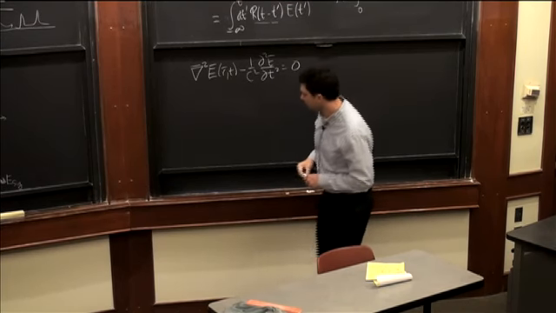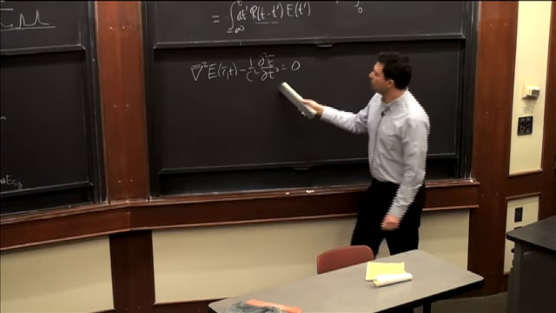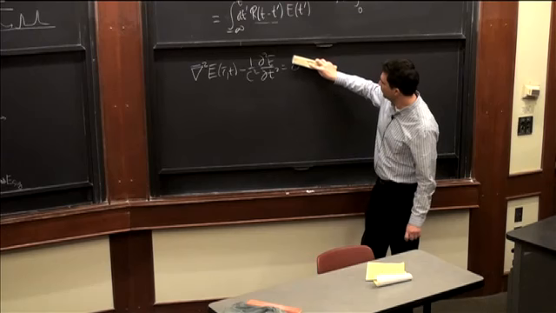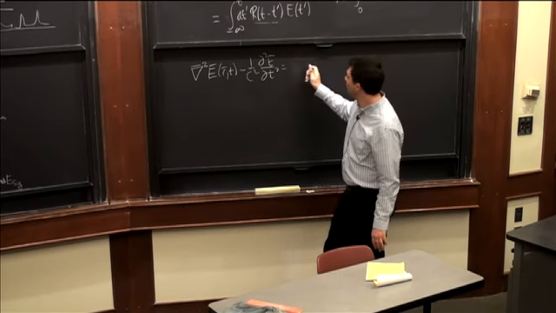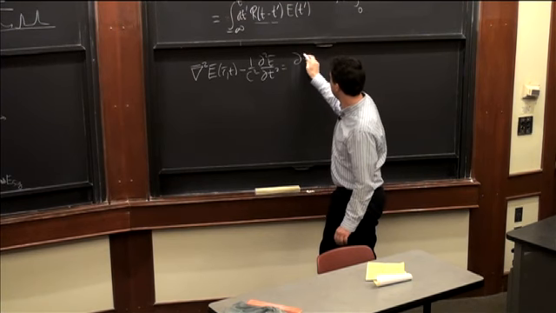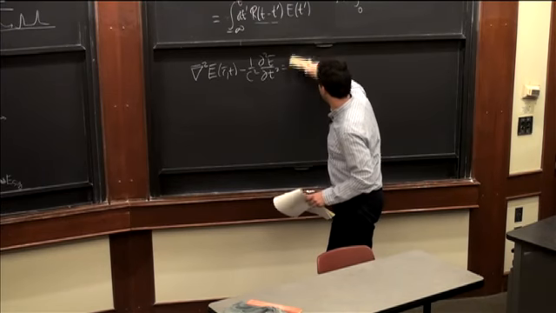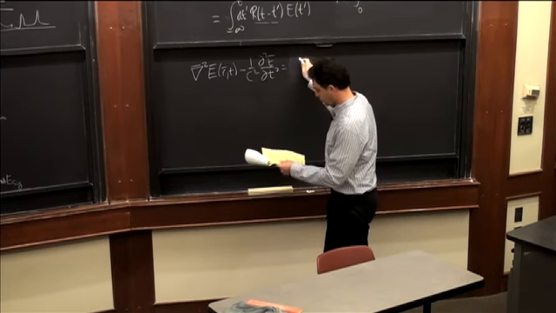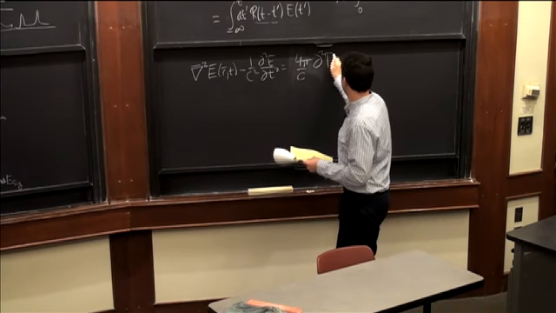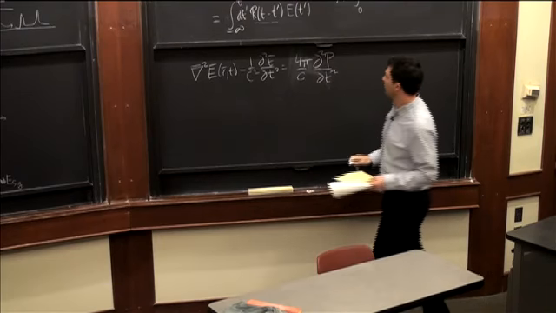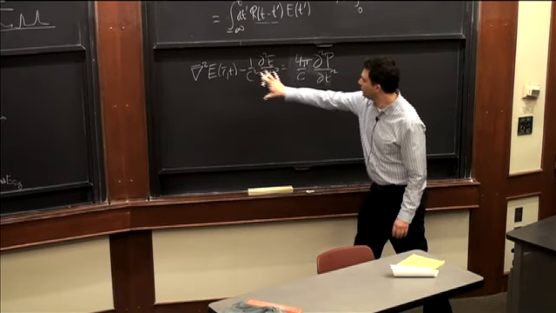So rather than just saying this wave propagates in isolation, we can say instead that it oscillates as the result of a source. And that source is just the polarization. So now here's my accelerating charges, and they're acting as a source for this field.